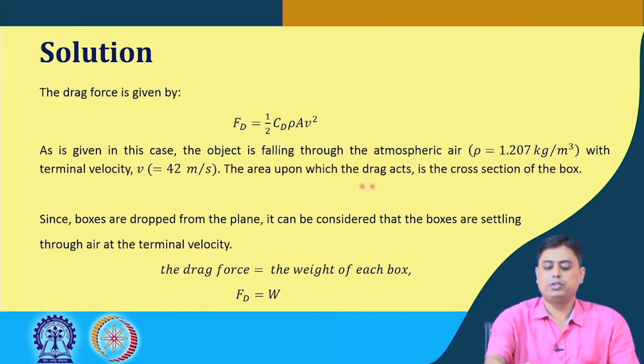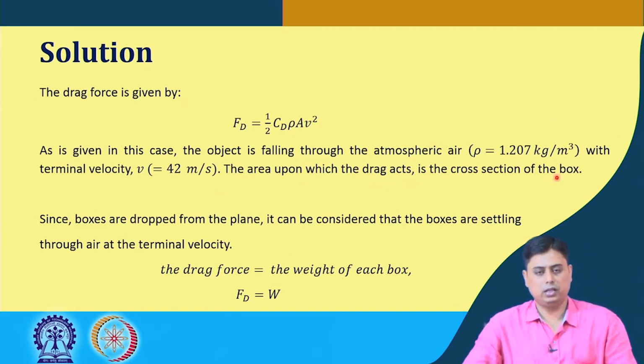The area upon which drag acts is the cross sectional area of the box. For the area calculation of the cross section, we know its side, that is 0.7 meter. So, we know the cross sectional area.